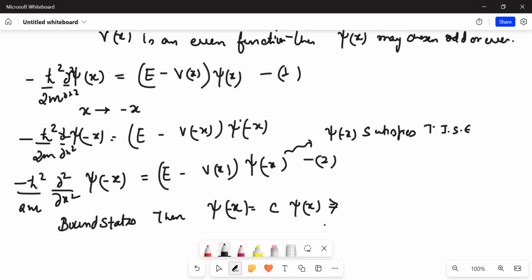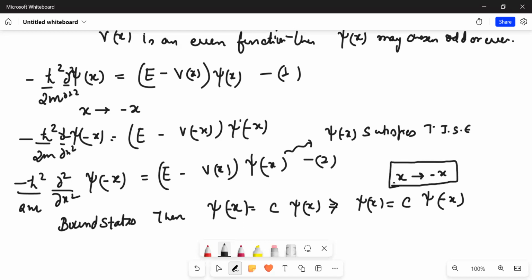So psi of x would be equal to c times psi of minus x, that is, if x is replaced by minus of x. I'll prove it in general also. So for bound states, since there is no such degeneracy, psi of minus x should be equal to some constant times psi of x.